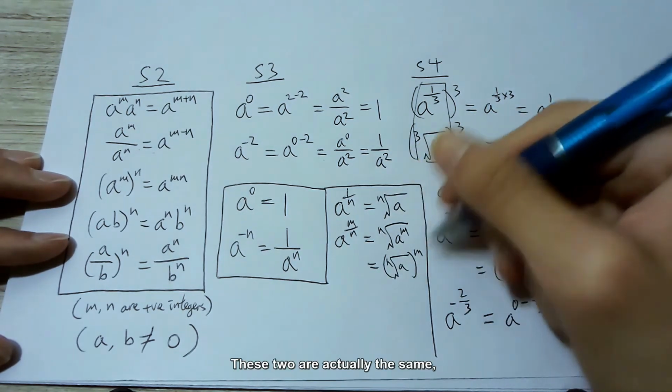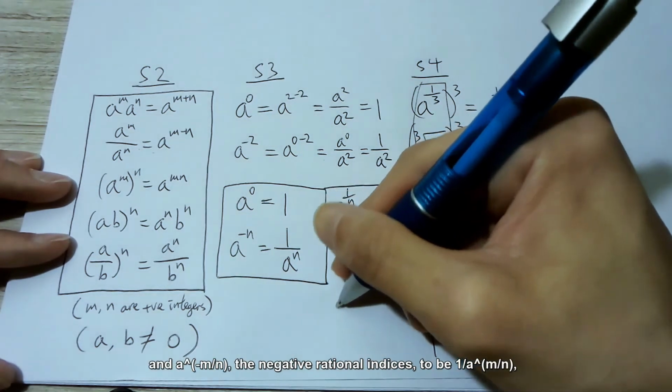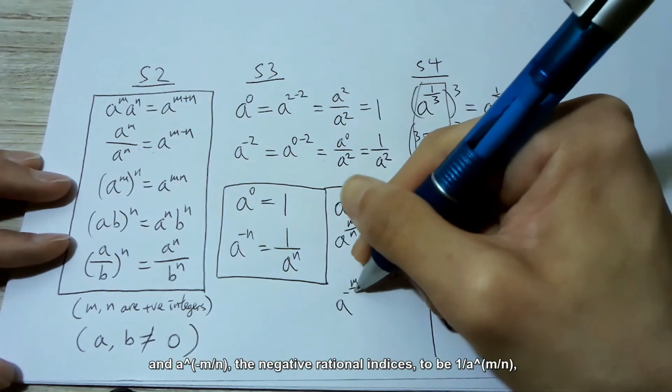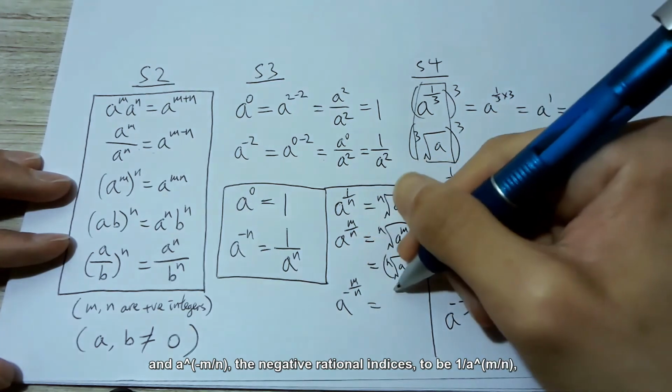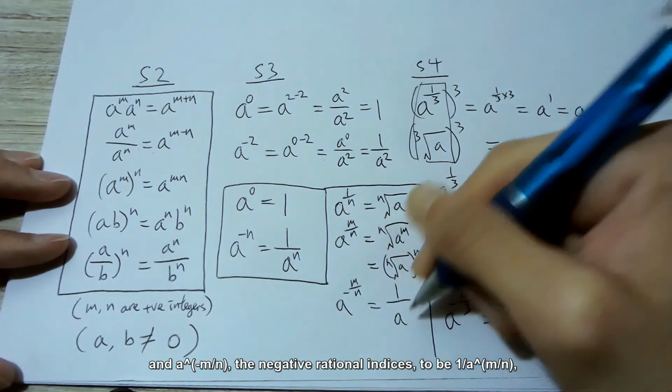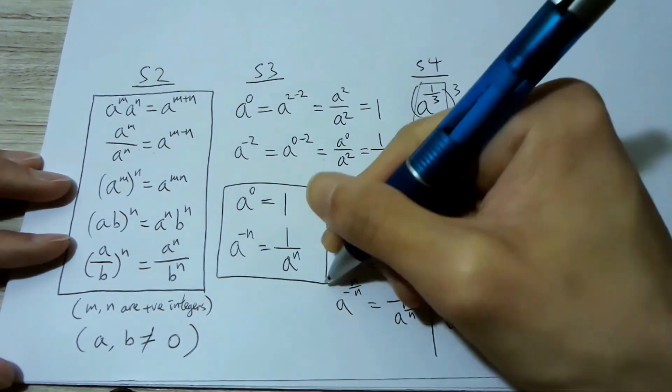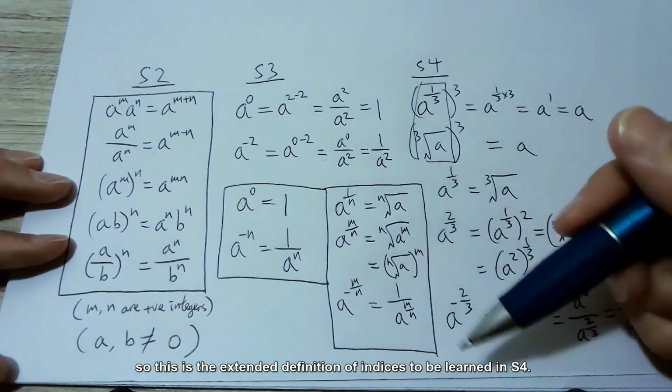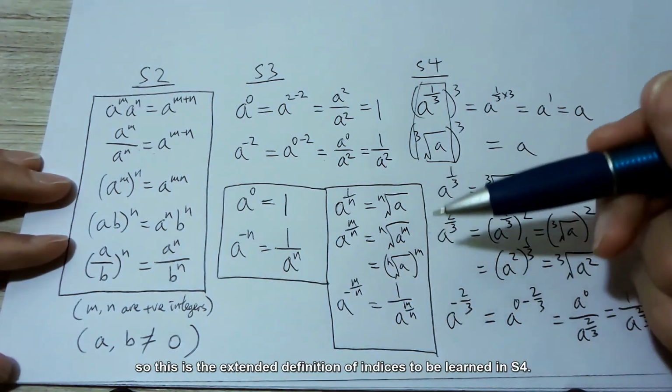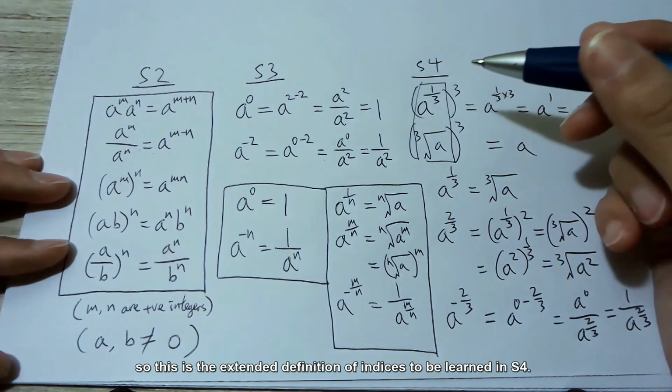These two are actually the same. And a to the power minus m over n, the negative rational indices, to be 1 over a to the power m over n. So this is the extended definition of indices to be learned in S4.